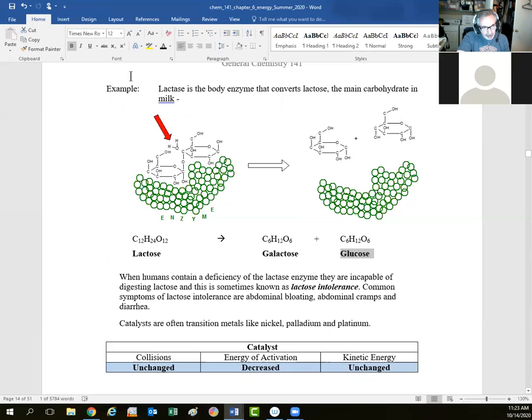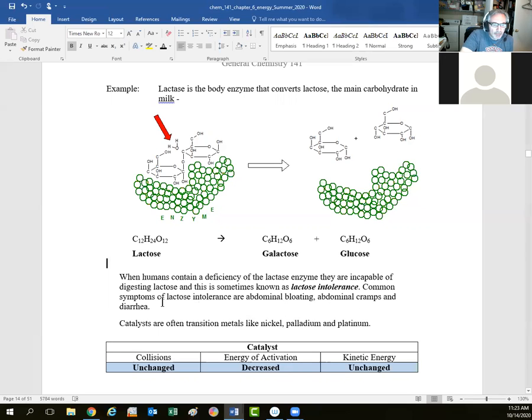Then water comes in, in this hydrolysis reaction, literally breaks the molecule in two, and neither one of the two molecules, products, fits on the surface of the catalyst completely. So lactose is the chemical being broken down by the enzyme lactase into glucose and galactose.